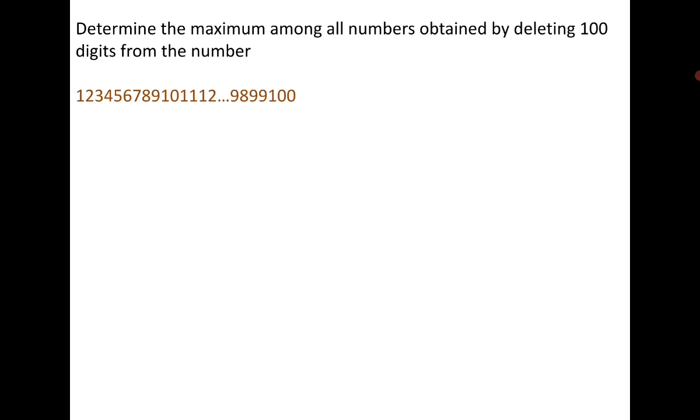So I will start chapter 1 in the next lecture, but just to give you a flavor of this course, we will see how we solve this problem, which is a typical combinatorial problem. It says: determine the maximum among all numbers which you obtain by deleting 100 digits from this number.